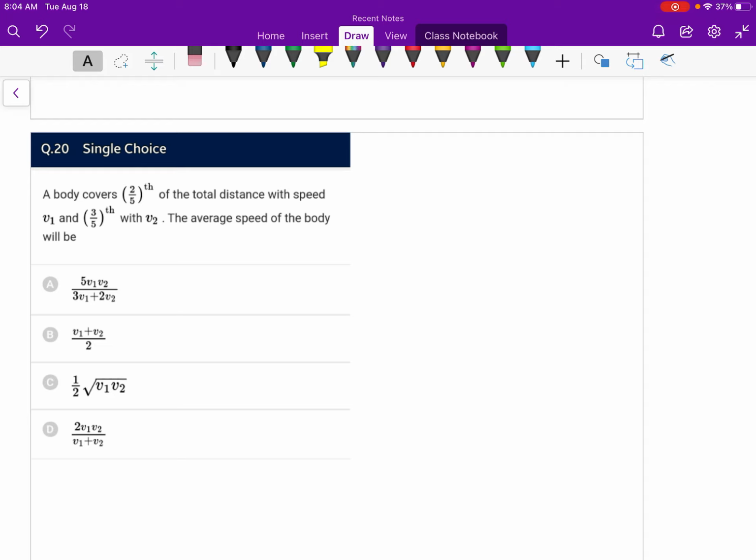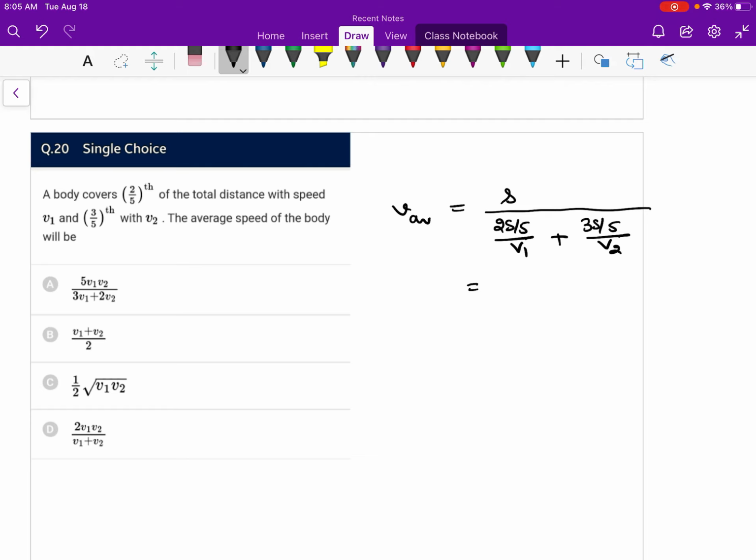A body covers 2/5 of the total distance with speed v1 and 3/5 with speed v2. The average speed of the body will be. Let's say total distance is S. So v average is total distance upon total time. So 2/5 of the distance with speed v1, so 2S by 5 with v1, so this is the time, and 3S by 5 upon v2 is the time for the second journey.